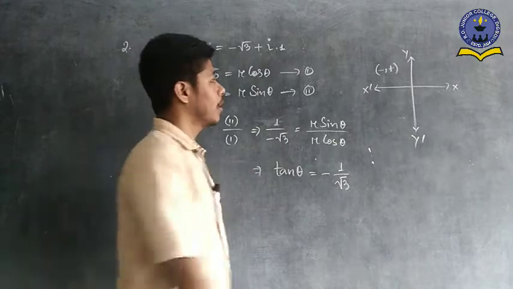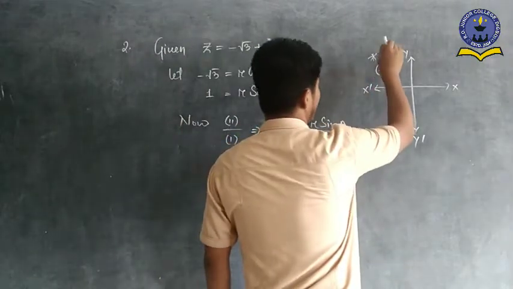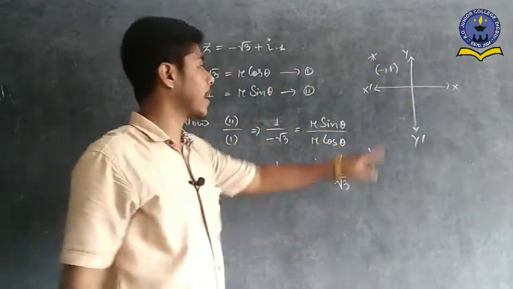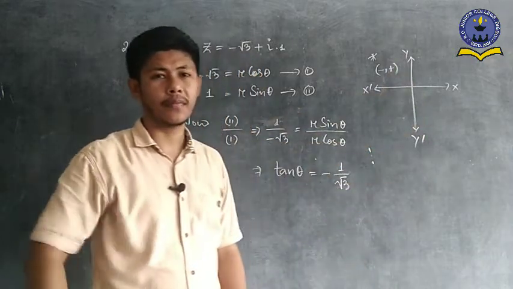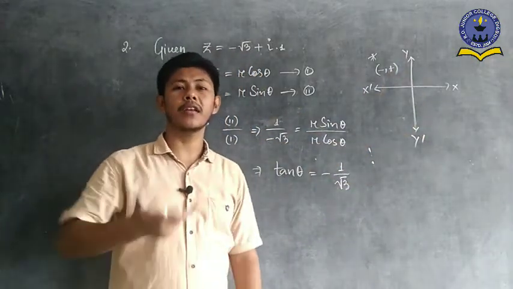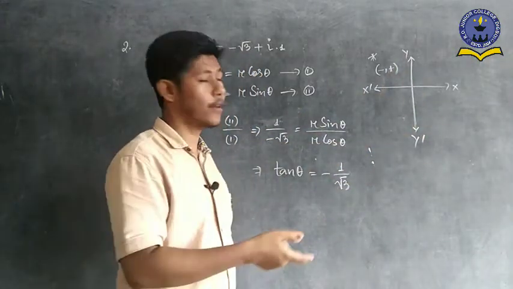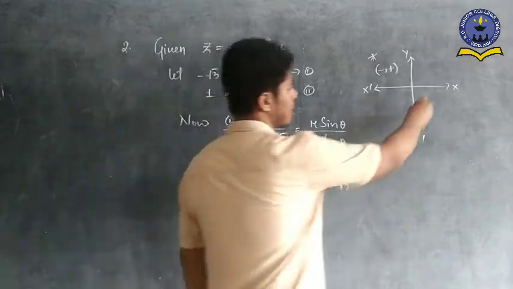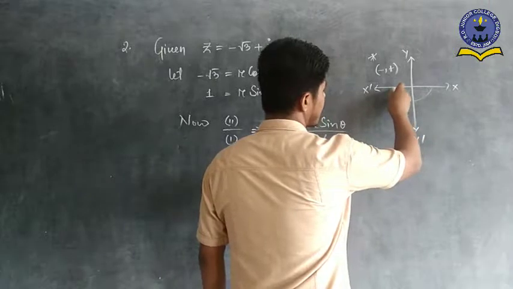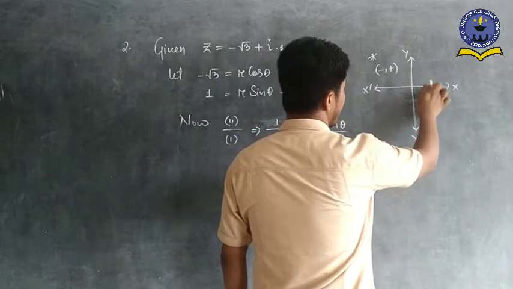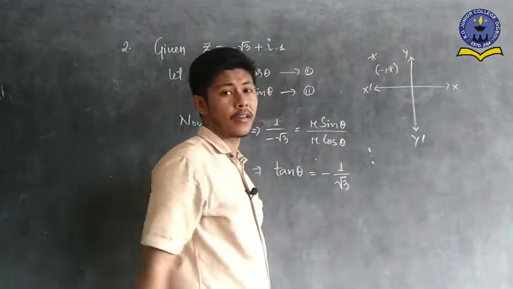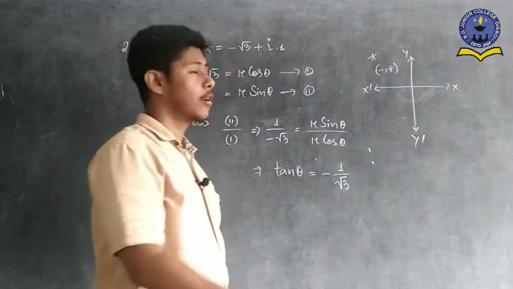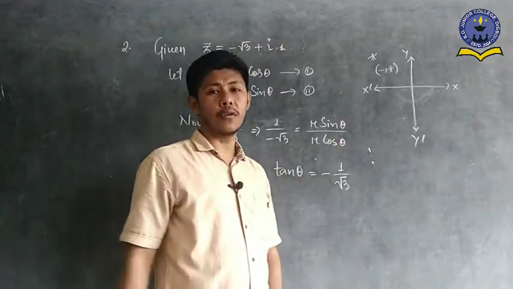Is it clear? So the angle we need is in the second quadrant. We can get this angle in two ways: the positive angle and the negative angle. If we measure from here, it is the negative angle, and if we measure from here, it is the positive angle.